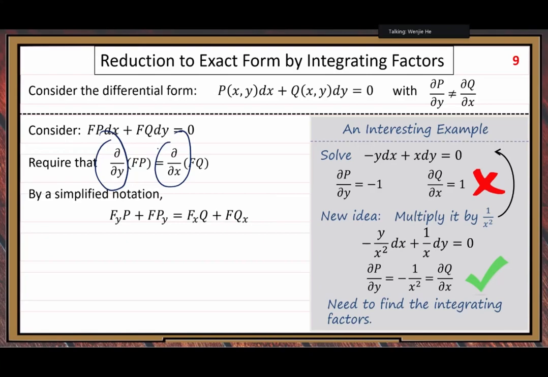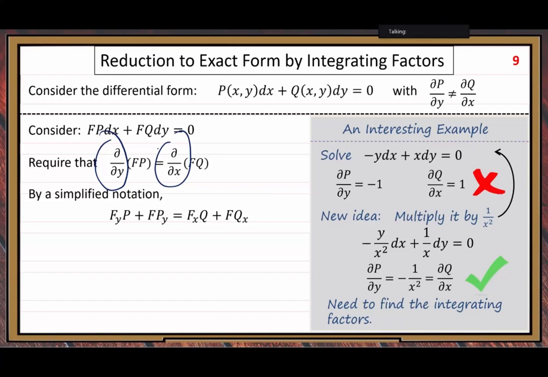Remember, for this ODE, we may not be able to find F that satisfies this condition. Only when we are very lucky can we make it work. But most of the time, we're not that lucky, so we cannot make it work.